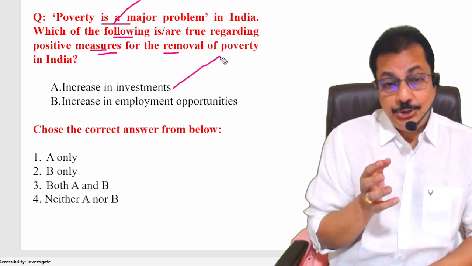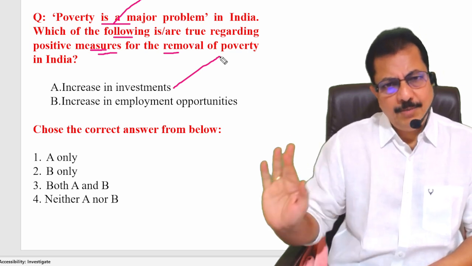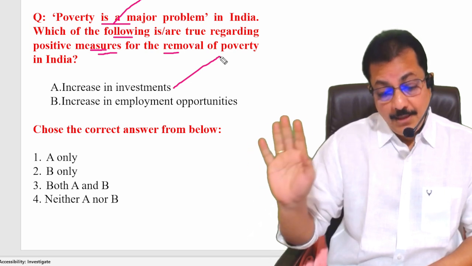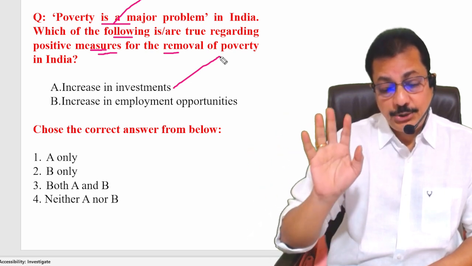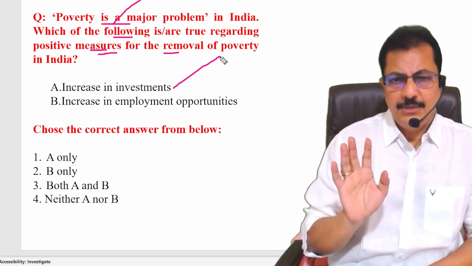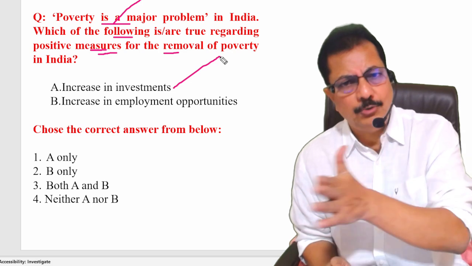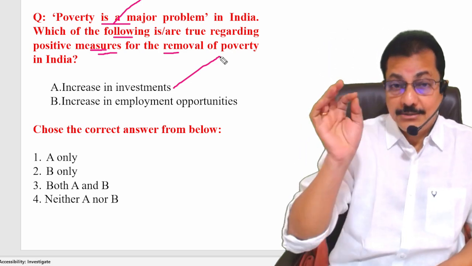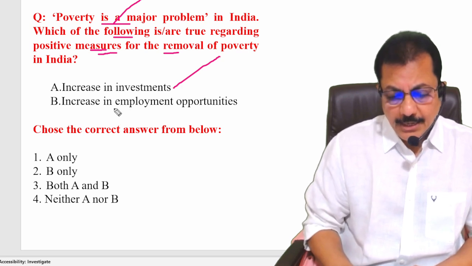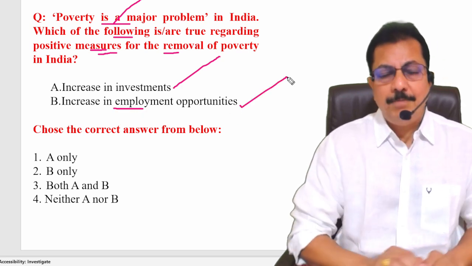Once a person gets a job, he will start getting money and he can push himself out of the poverty. Over. That is the reason why increase in investments will lead to the removal of poverty in India, number one. That is the reason why a large percentage of people have been pulled out of the poverty because of the continuous investments in India. Number two, increase in employment opportunities will be removing poverty in India.